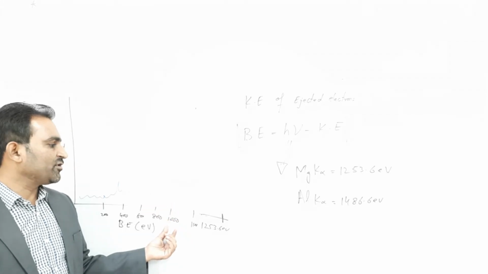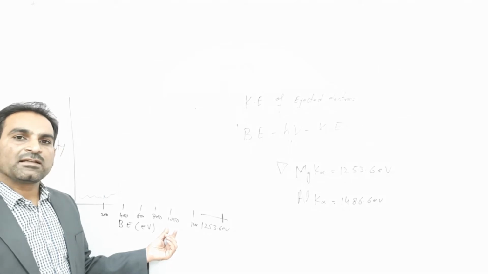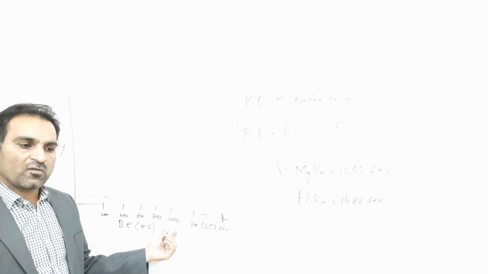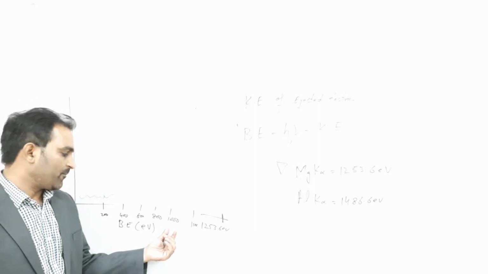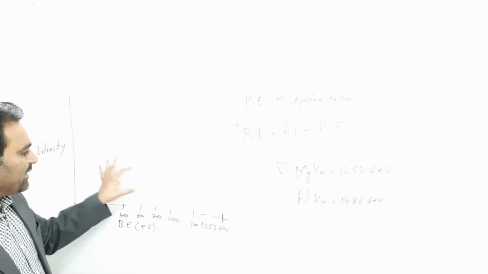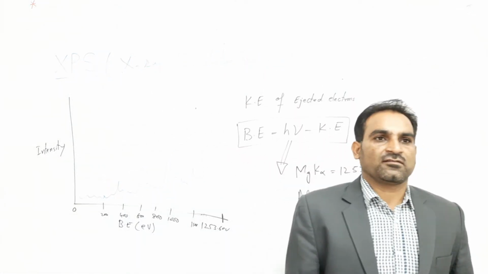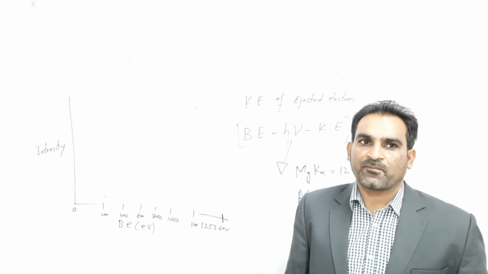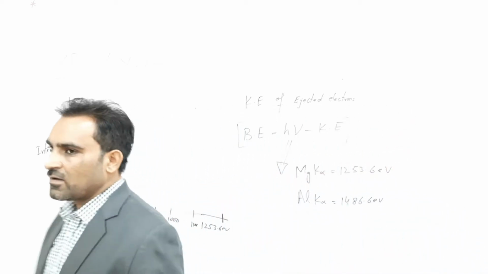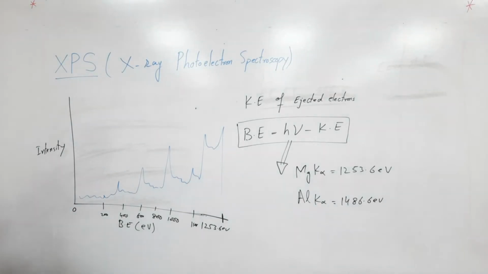This peak position corresponds to the electrons coming from the core orbitals of that particular element or material. And peak intensity gives you the concentration or amount of that composition.